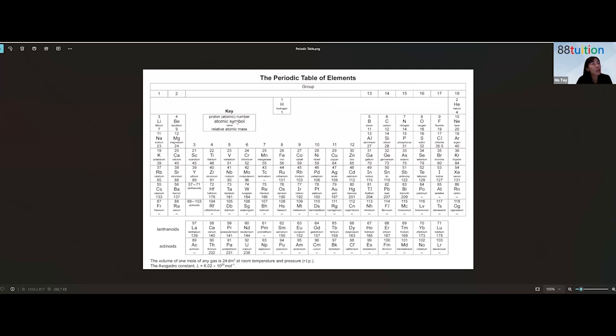Then you have the atomic symbol, the name of the atom, and after that the relative atomic mass or atomic mass. So this number at the top tells you it is the proton number, and the one at the bottom is the mass number. This is what they are trying to say, and what I'm trying to mean also in the slides.